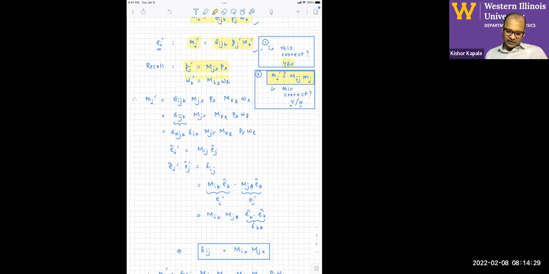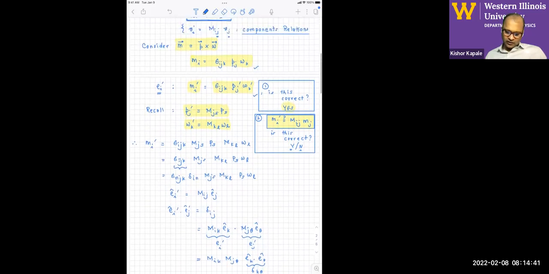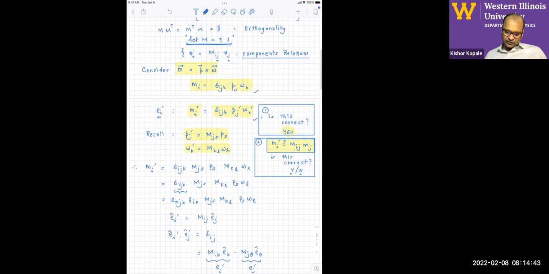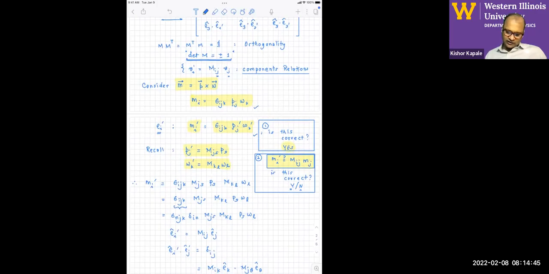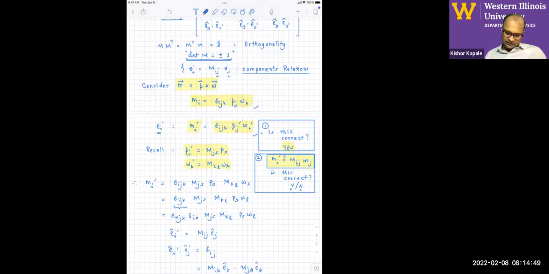Let's take another vector, the W. Wk prime is going to be MklWl. Remember, I'm using different indices so that we don't confuse them. And so with this, once we know the Pj prime and Wk prime, we have just agreed that this relation is correct.